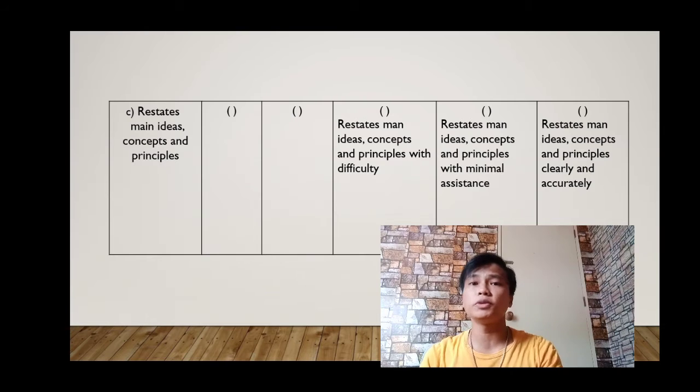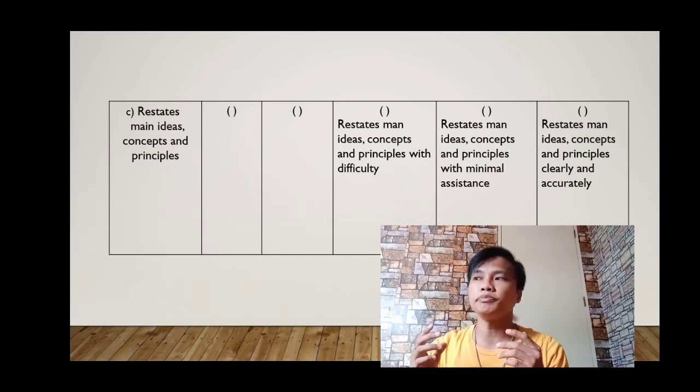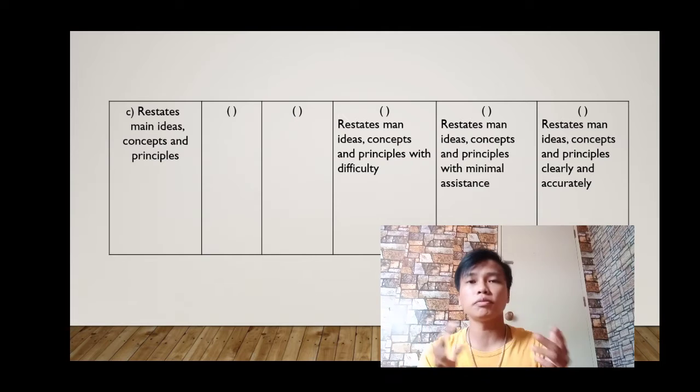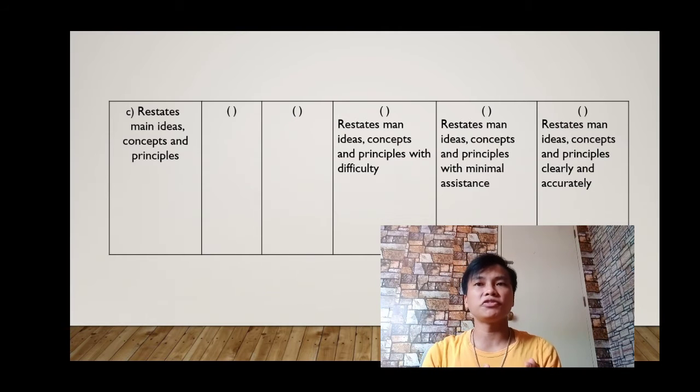The example of this is the students can give the main ideas, or they can say the main ideas of a statement, or they can give the main concepts or the main principles of some statements. They can give them clearly and accurately to their teachers.